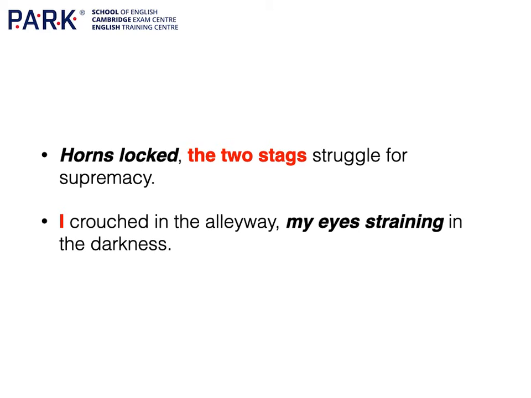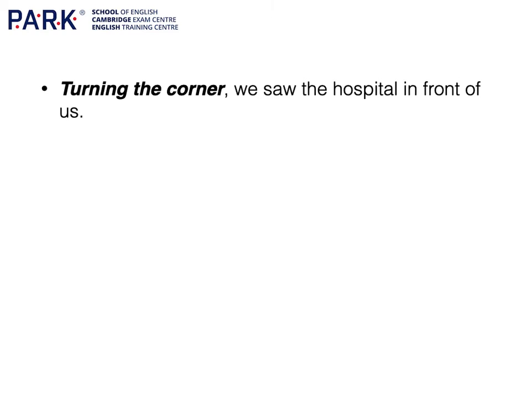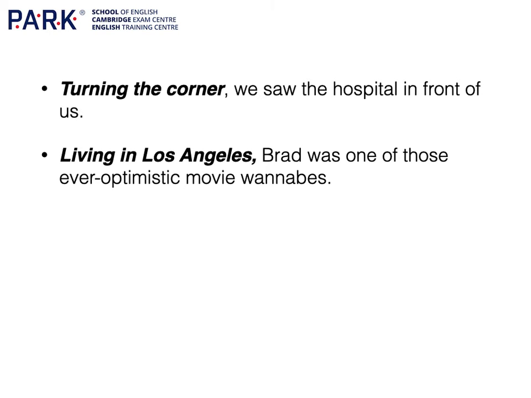Okay, here are some more examples. Turning the corner, we saw the hospital in front of us. So we turned the corner and we saw the hospital in front of us. Or living in Los Angeles, Brad was one of those ever-optimistic movie wannabes.